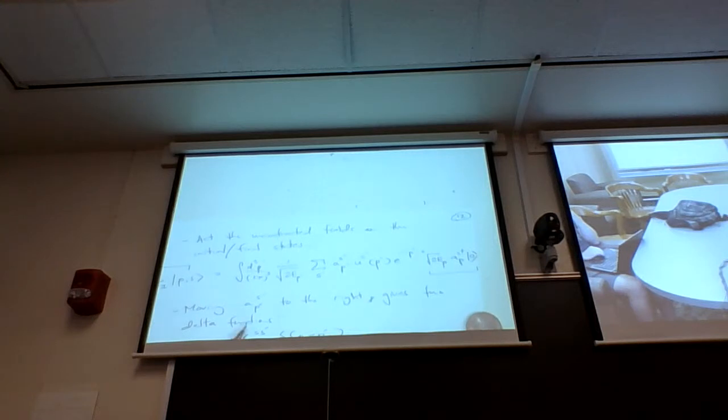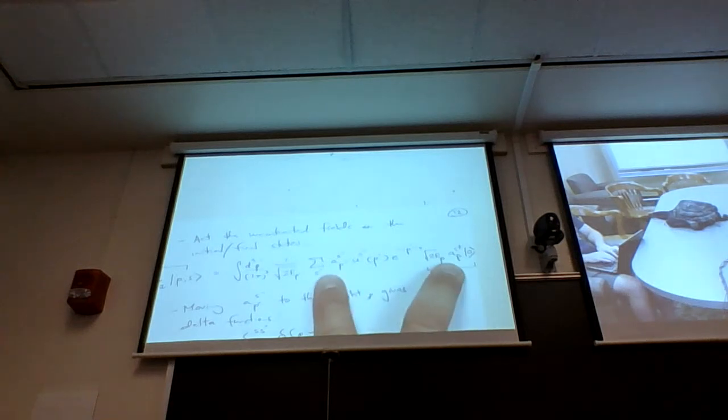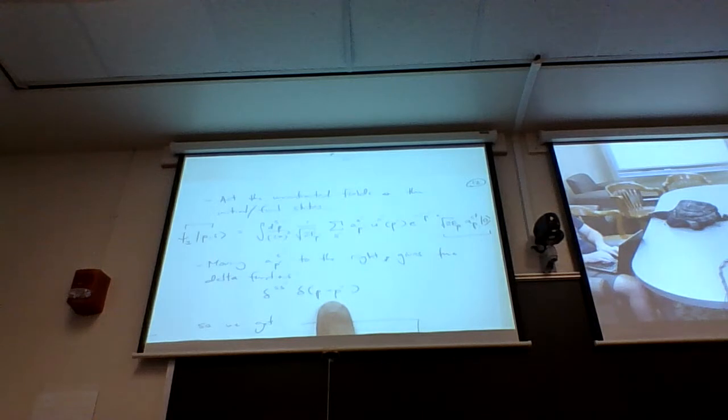What I want to do is put this in normal order, so I have to pass this A to the right. When I pass the A to the right, it's going to have to go through this A dagger. From the anti-commutation relation of these, it's going to give us two delta functions: one is a Kronecker delta function of the spin, and the other is a Dirac delta function of the momentum.